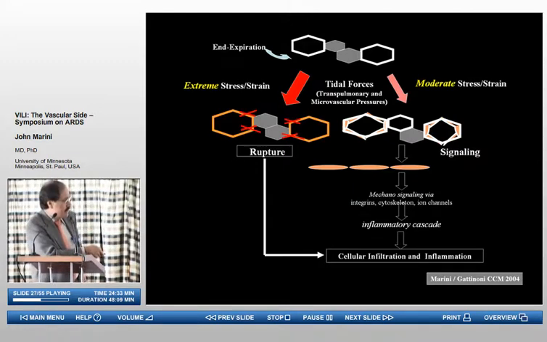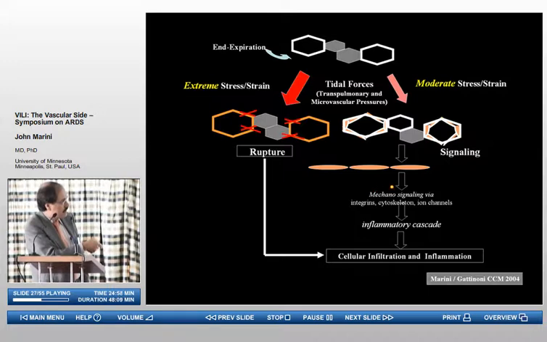Luciano Gattinoni and I wrote a summary paper of ventilator-induced lung injury in Critical Care Medicine, 2004, and we are emphasizing what was already well known, that tidal forces, call them transpulmonary and microvascular in nature, if they're moderate, can definitely signal inflammation if they're repeated.